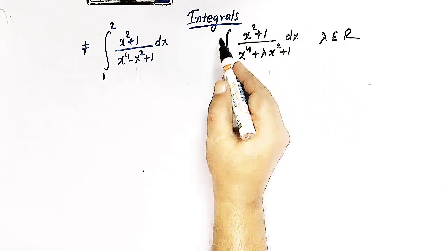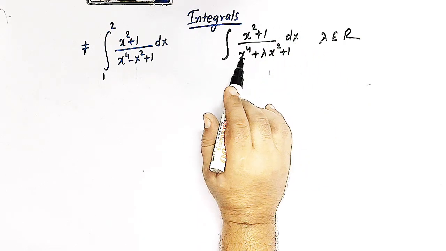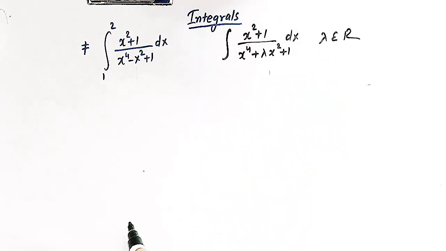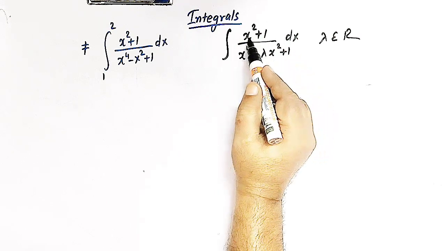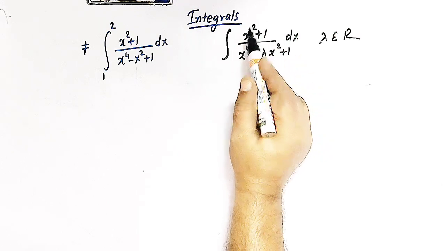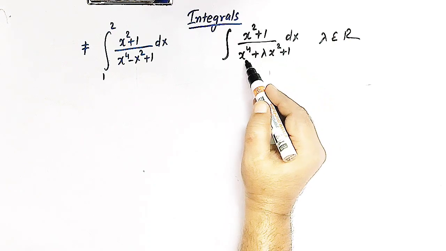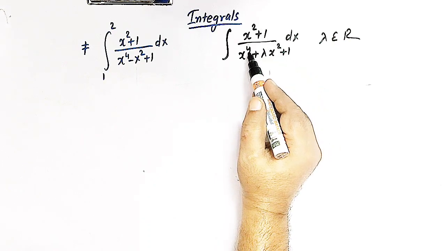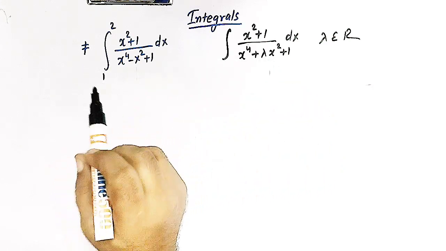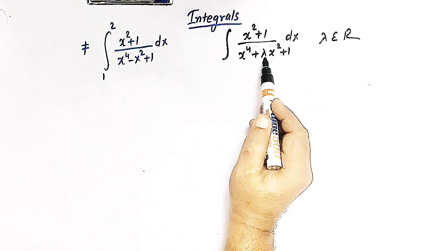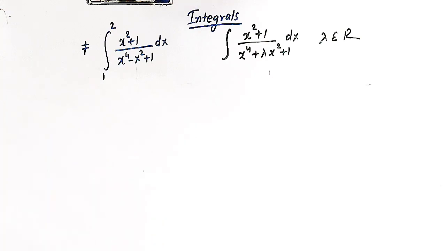So we have discussed how to solve these kinds of integrals where the numerator is a quadratic function and the denominator is a biquadratic function. So here I will make use of this method to solve this integral.